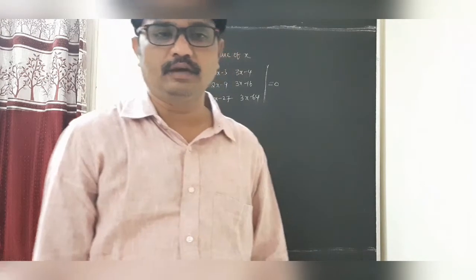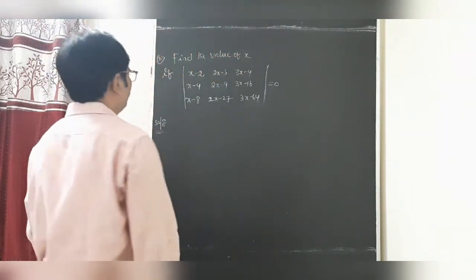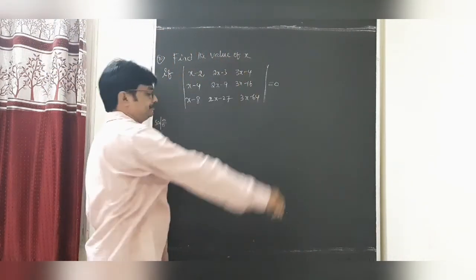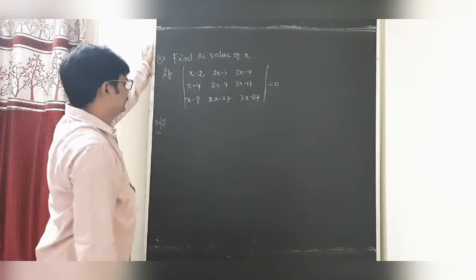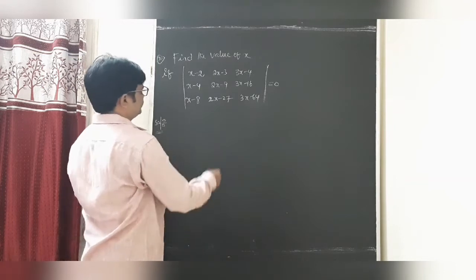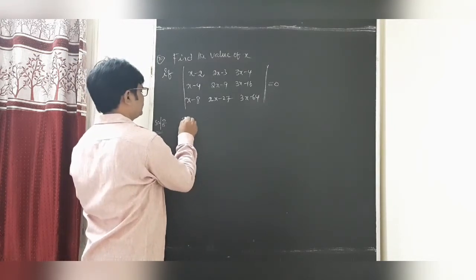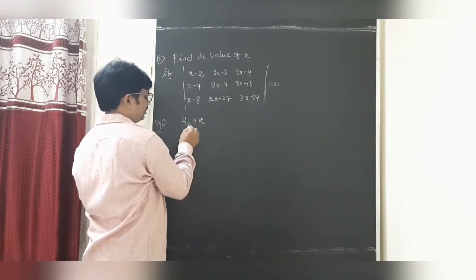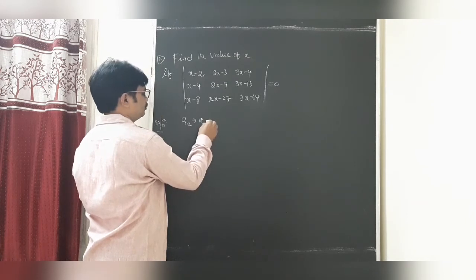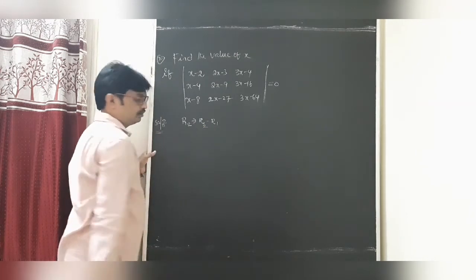My dear students, now the second one. Find the value of x, where the determinant equals 0. So, dear students, first we write R2 replaced by R2 minus R1.